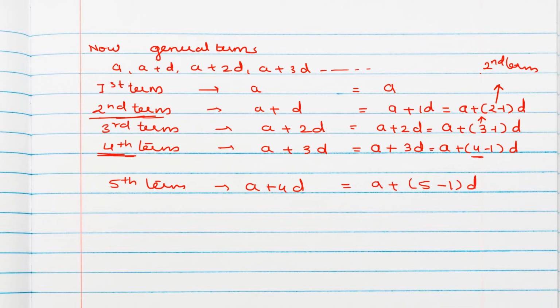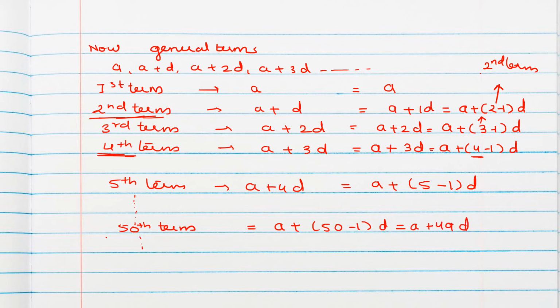Now, similarly, suppose we want to find the 50th term. So that will be A plus (50 minus 1)D, which is equal to A plus 49D.